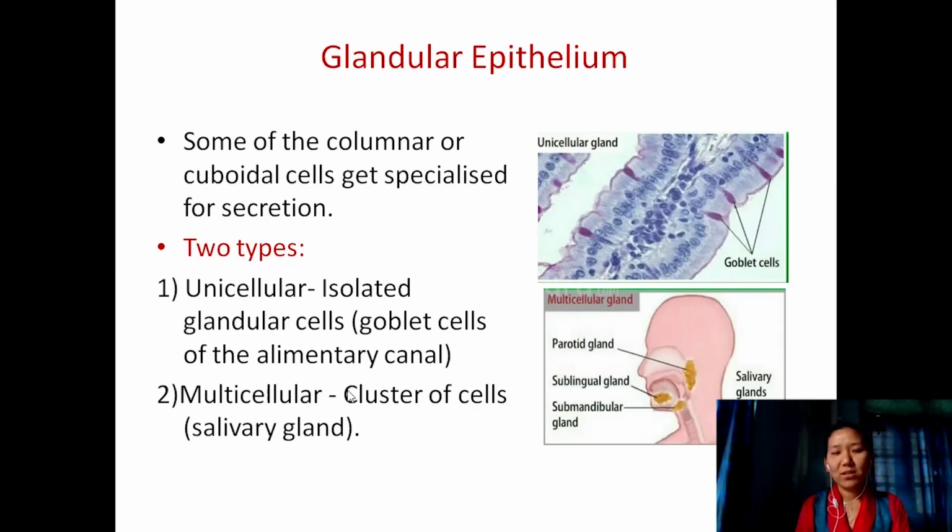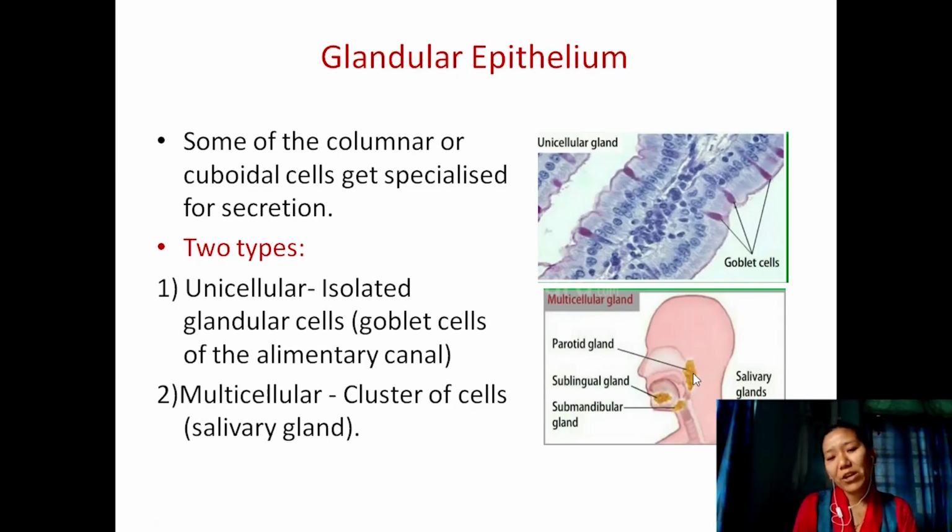Unicellular glands are isolated, scattered cells which secrete, for example, goblet cells in the alimentary canal, which are secretory in nature. If it is composed of multiple cells, then it is a multicellular glandular epithelium, with clusters of cells.